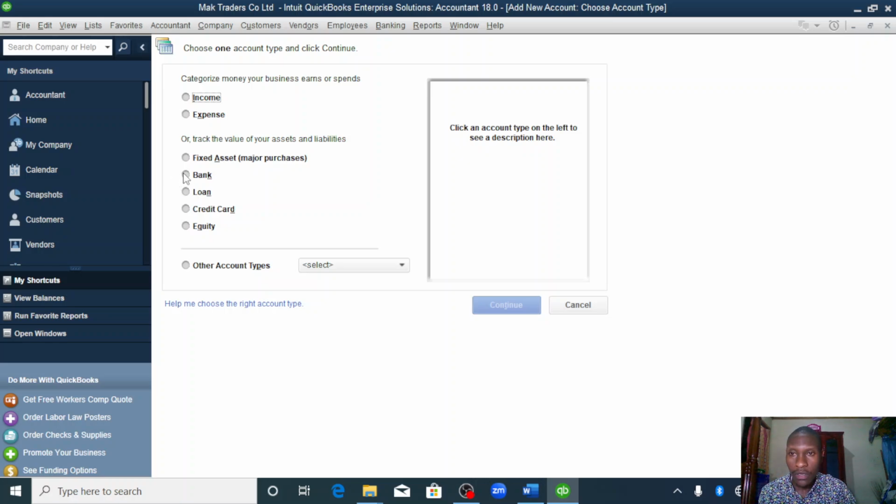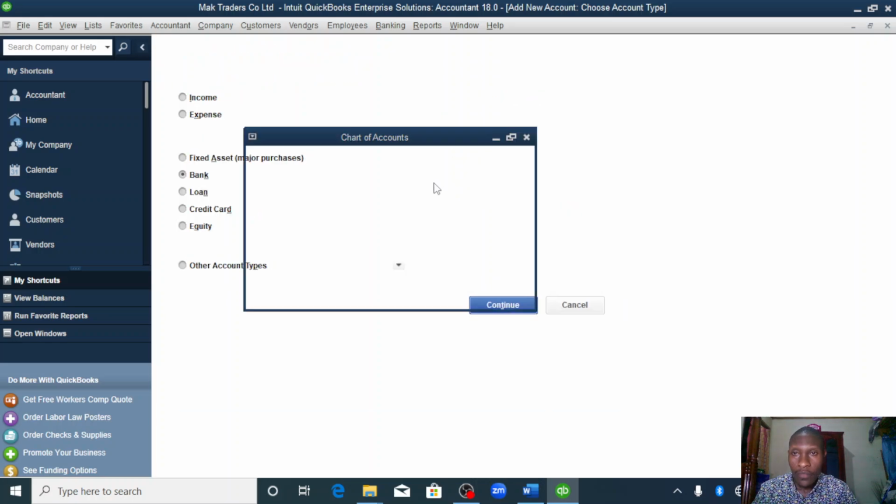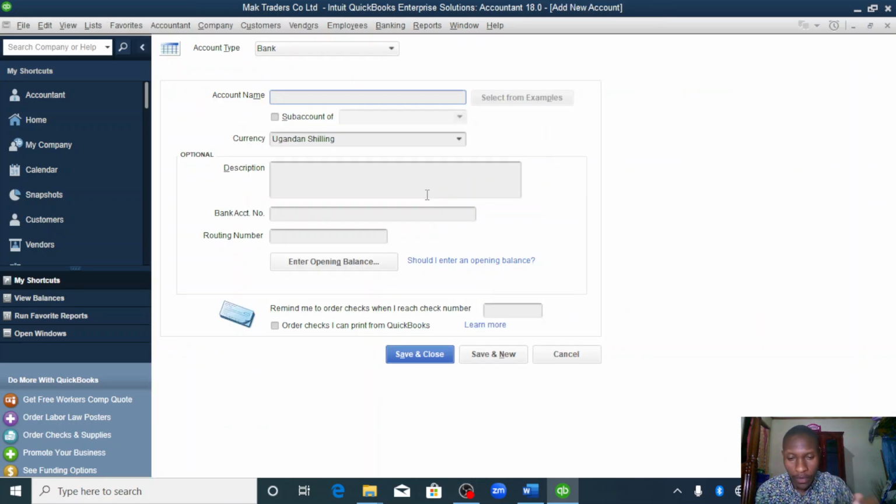We put there our Centenary Bank, bank account number 950011, not having an opening balance.